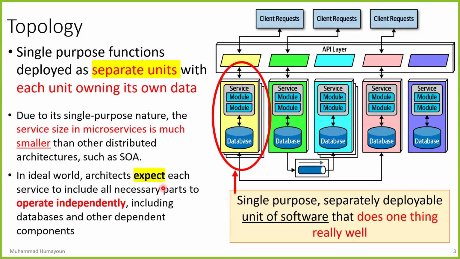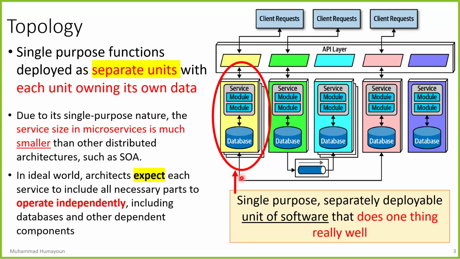So in an ideal world, what we try to do in microservices architecture is we expect that each service has everything it needs on its own. Within that service, it has everything we need to perform that functionality. It's an ideal scenario.